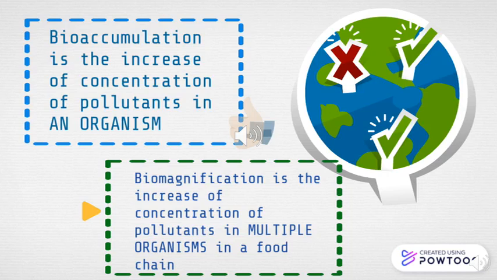For example, bioaccumulation only involves one organism, and the concentration build-up only occurs in one organism, while in biomagnification, the concentration of these chemicals builds up across a food chain involving a lot of organisms.